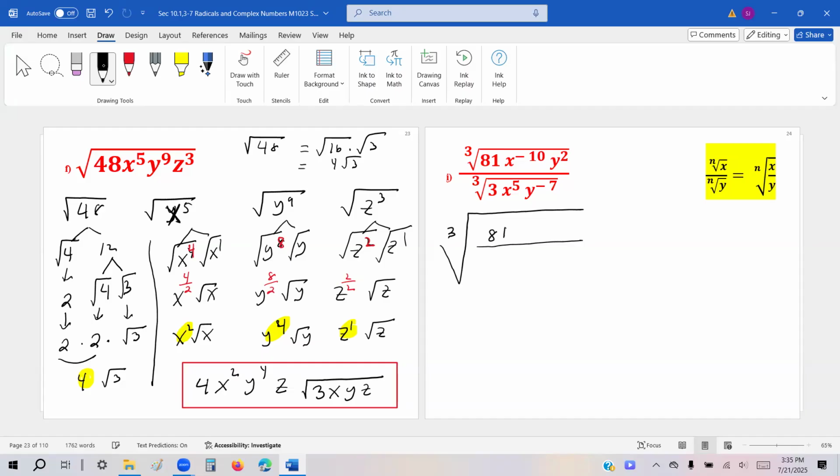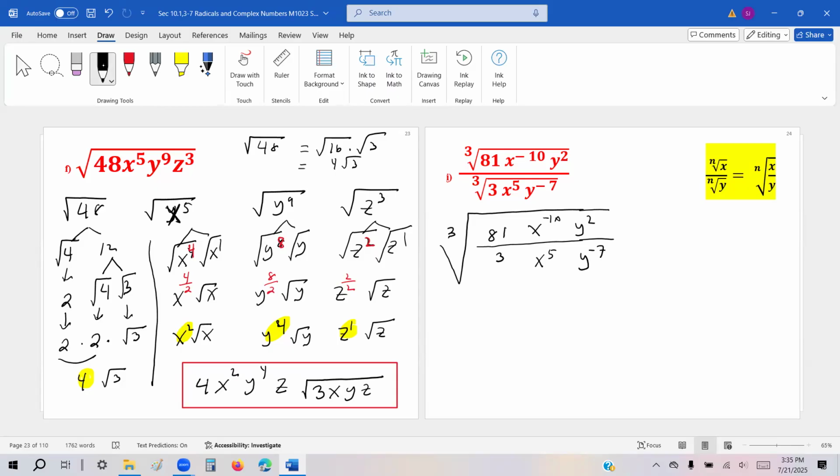You have 81 over 3, x to the negative 10, x to the 5, y squared, and y to the negative 7. And now you're going to apply your knowledge from before again.